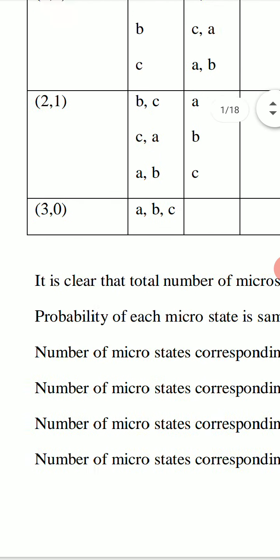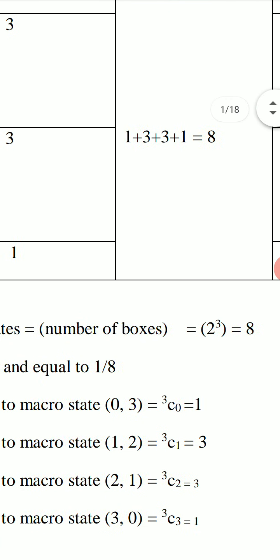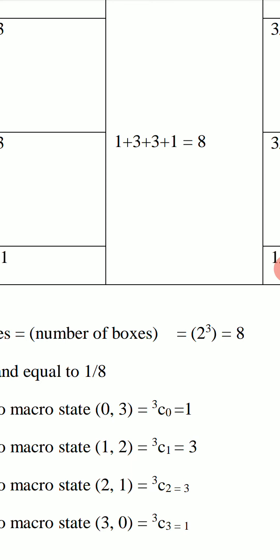It is clear that the total number of microstates is equal to the number of boxes to the power of the number of particles.